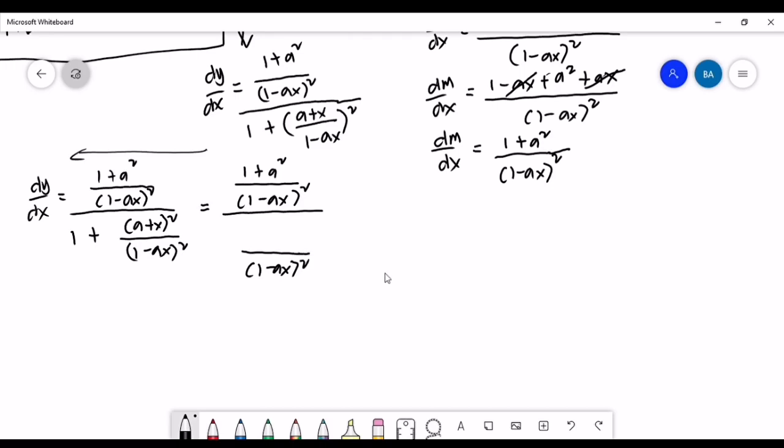Multiplying the 1, we have (1 minus ax) squared plus (a plus x) squared.